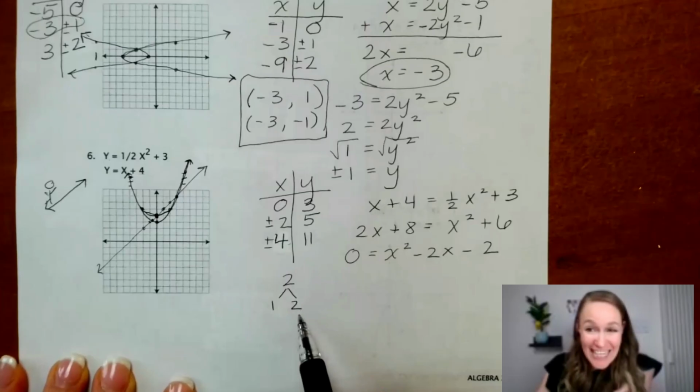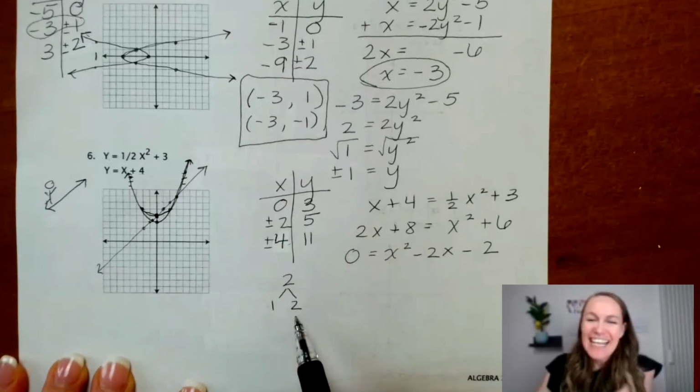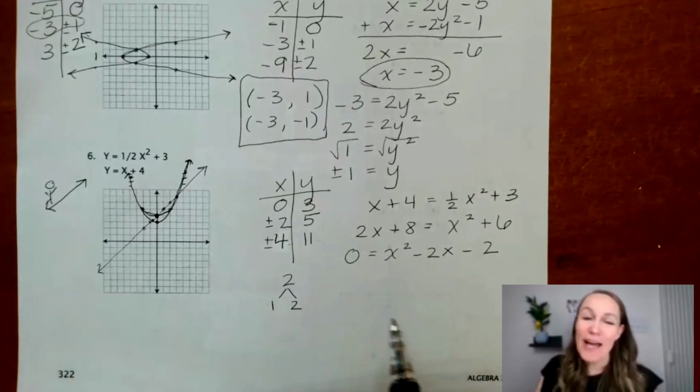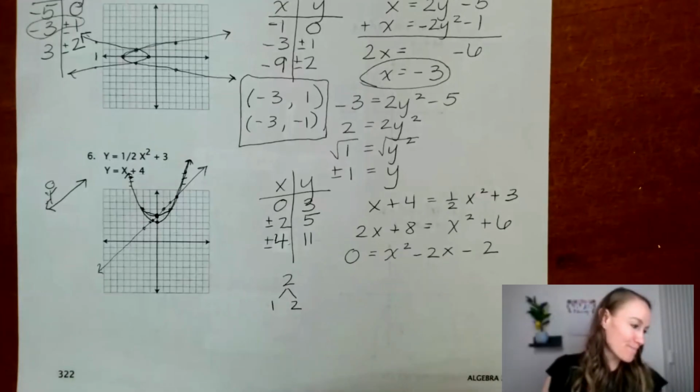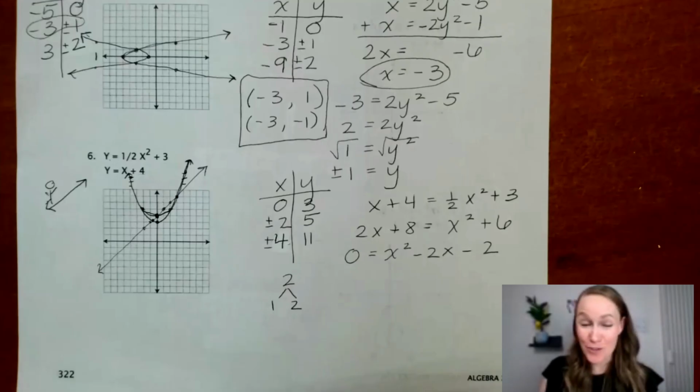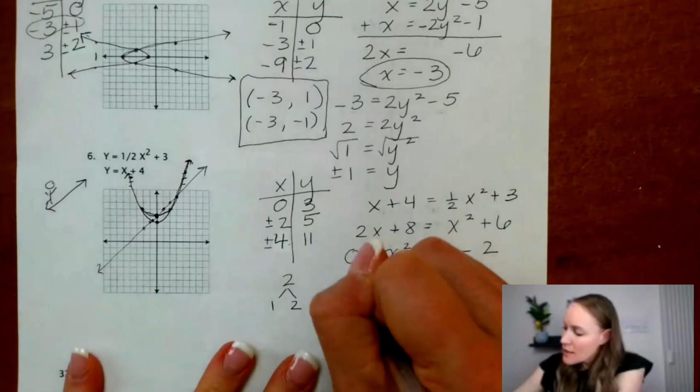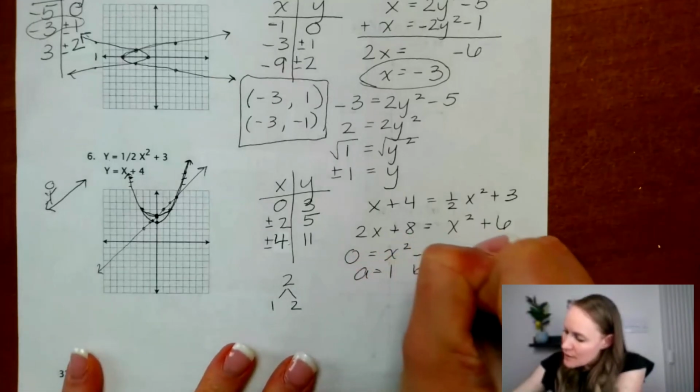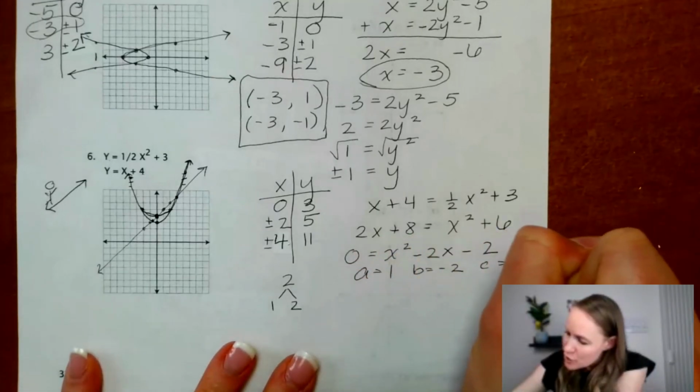I can get 3. And I can't get negative 2. So I have to plug it into the quadratic. I'm just double checking that that is correct. And that is correct. We have to plug it into the quadratic. So A equals 1, B equals negative 2, and C equals negative 2.